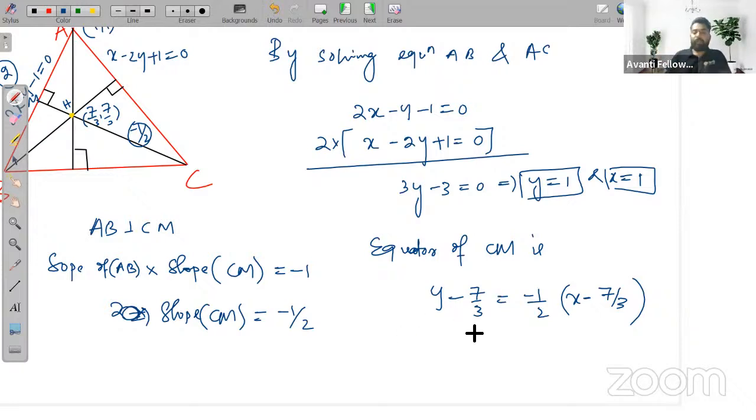So then it will be y minus 7/3 is equal to minus x by 2 plus 7/6.